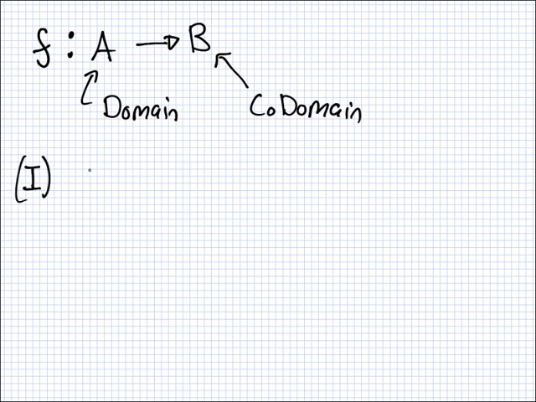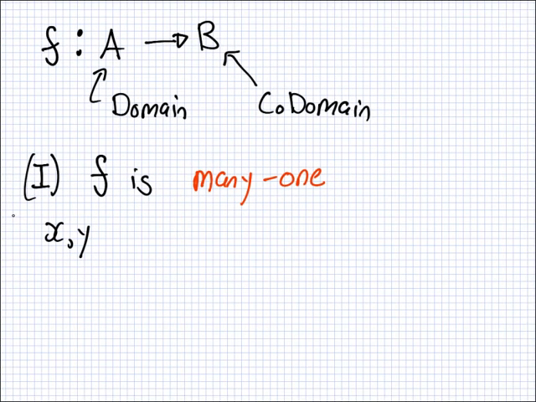f is many-one. This means we can find an x and a y. Guys, do you know what this symbol means? This symbol here.